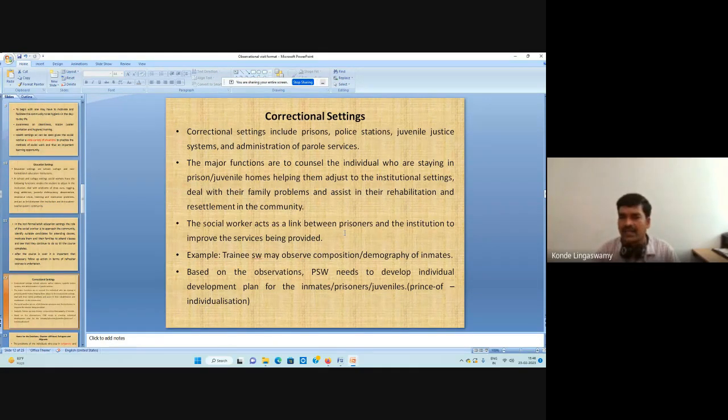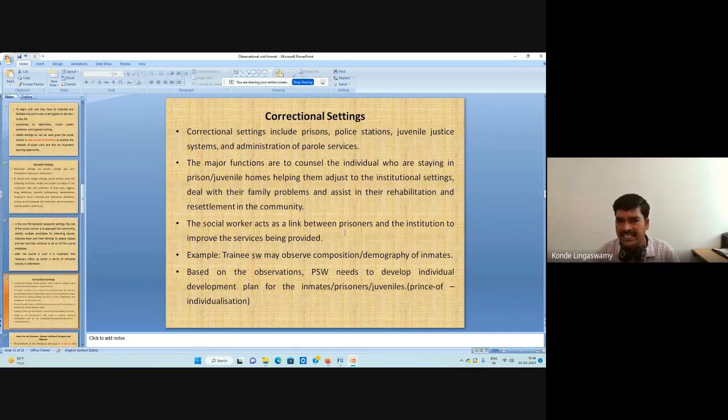Generally, in the correctional setting, there are individuals who are staying in the prison or jail or juvenile homes. Prison is only for adults. Juvenile homes are only for children who are of minority age; they stay in juvenile homes after punishment.